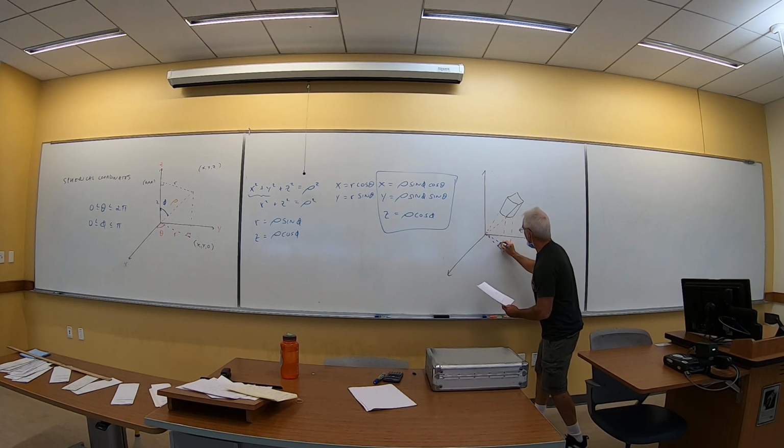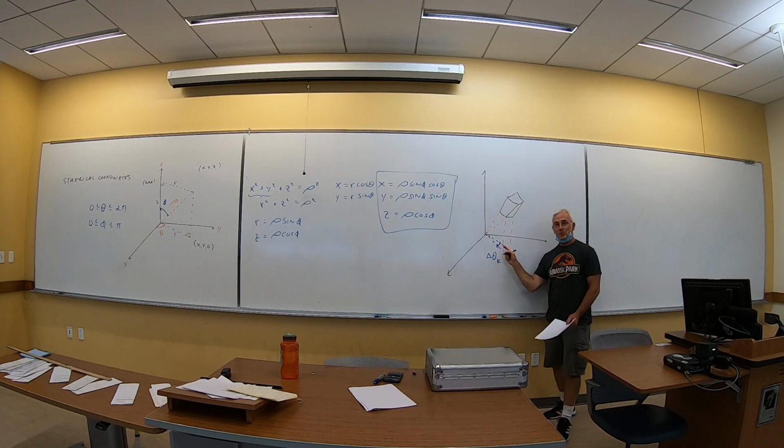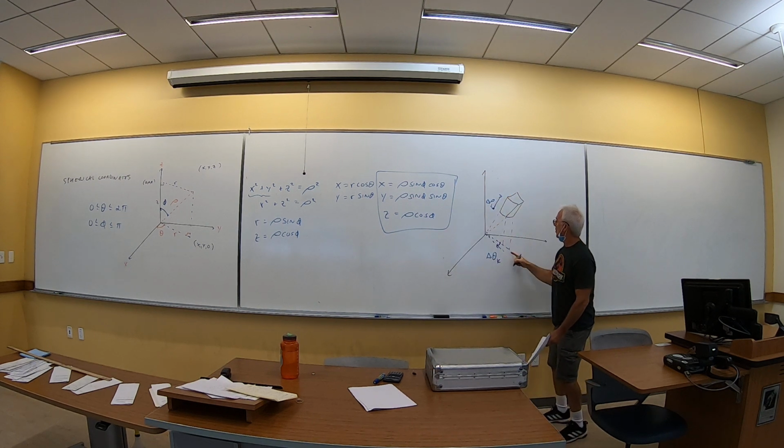So that angle right there, we're going to call delta theta k. That's on the xy plane. That's definitely a theta change. Everybody okay with that? We're going to call this piece right here, because I'm coming from the center, delta rho sub i. I'm going to write it like this. This opening right here is a delta theta.